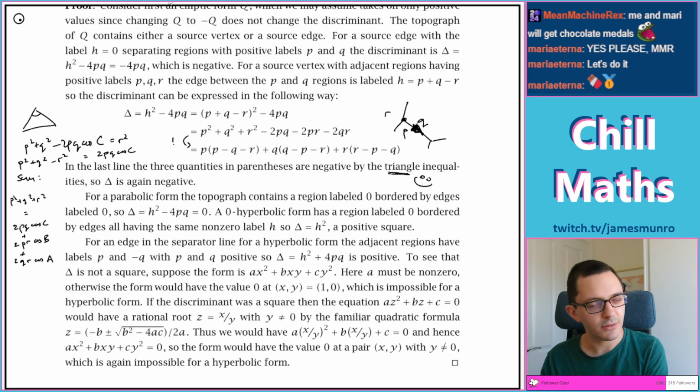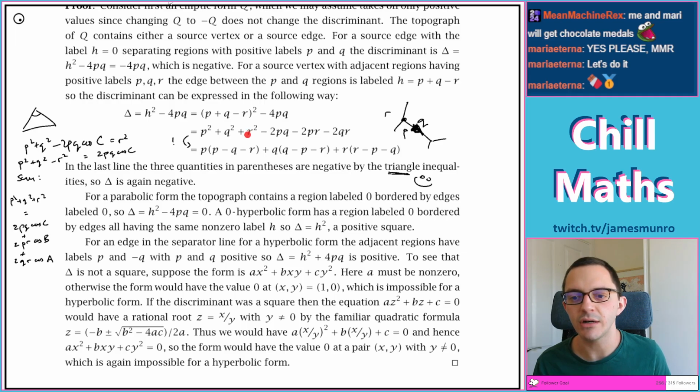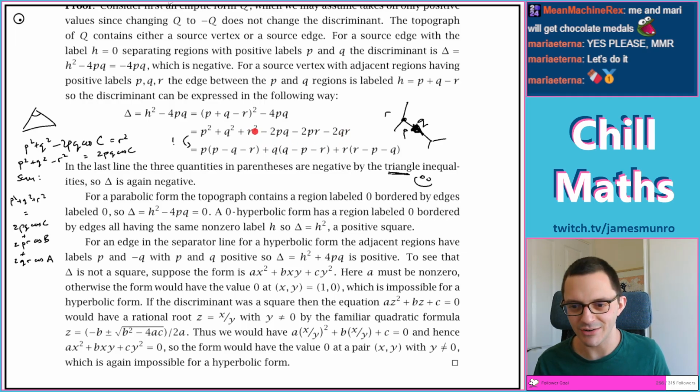But those forms have got a region labelled 0. At which point, a region labelled 0 would make me think some of the squares... Well, hang on, if I plug it in here, if one of the regions is 0, I don't obviously get... Oh no, hang on. If one of the regions is 0, I get r squared. And I get that 0, that 0. So I end up with p squared plus q squared minus 2pq.